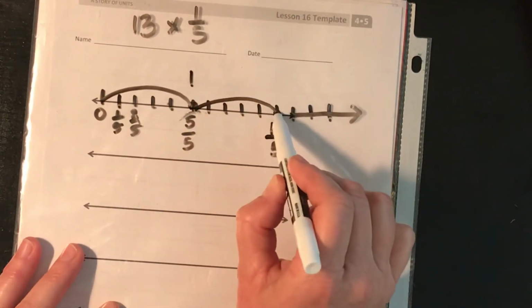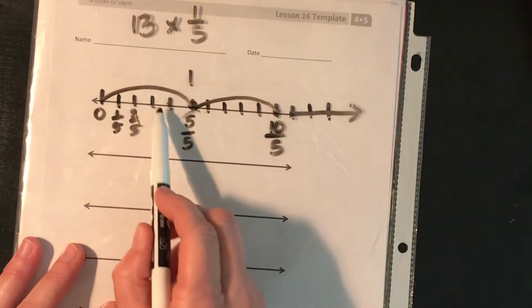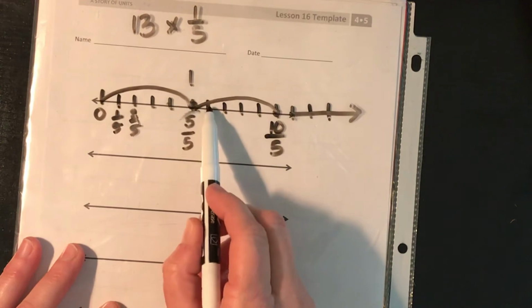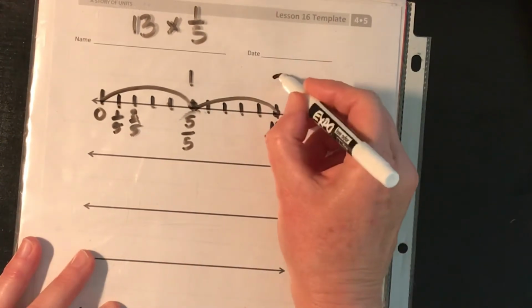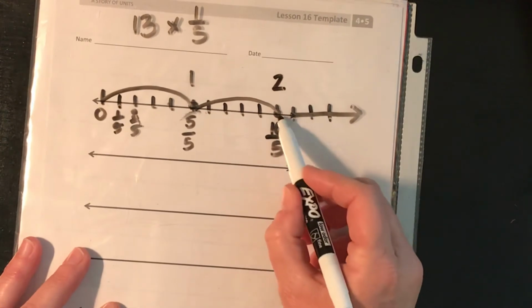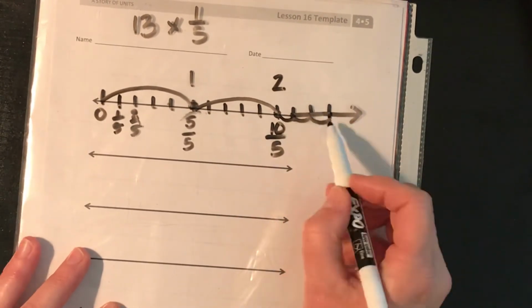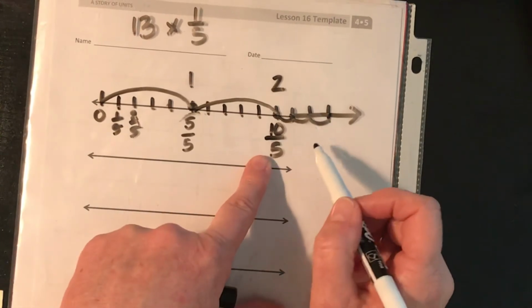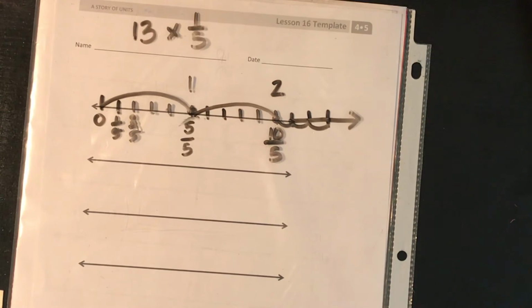From here to here, that's another 5/5. 1, 2, 3, 4, 5. Another 5/5. Now, 1, 2, 3. There's only 3. Oh, and that makes sense because 10 plus that 3 would give me my 13.